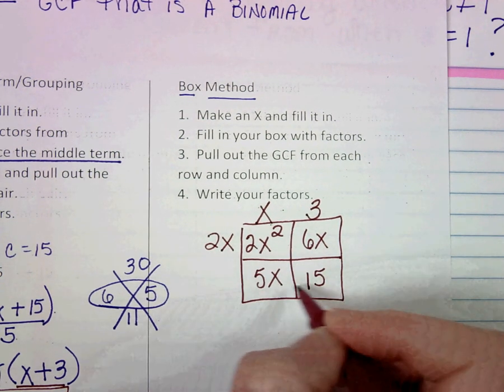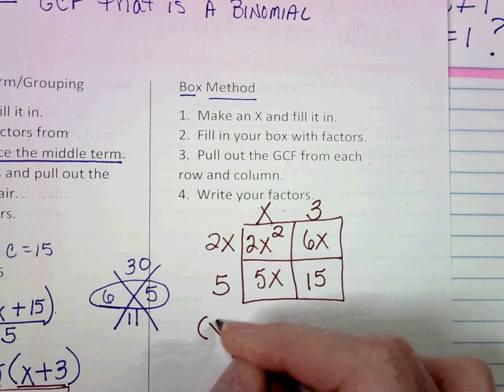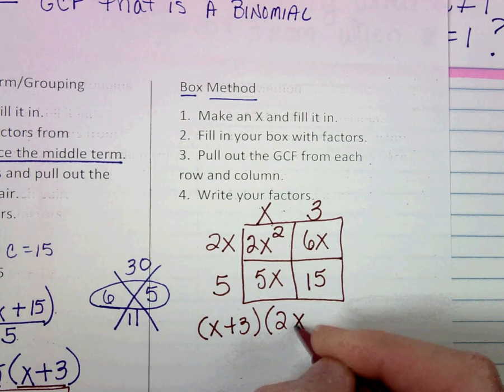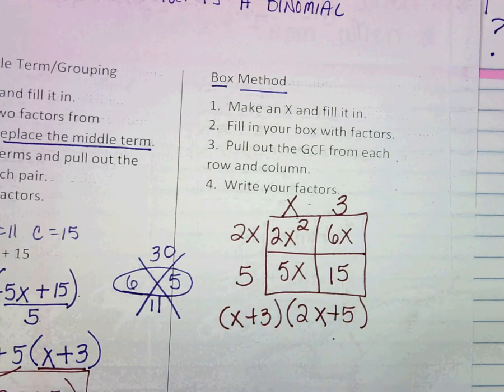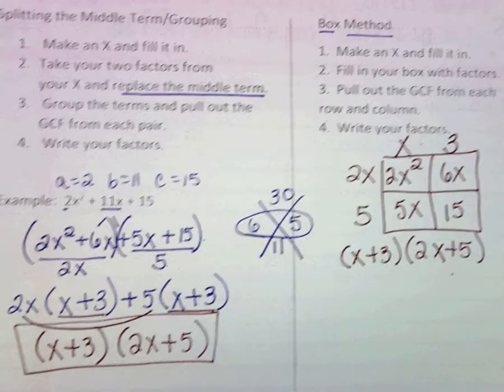And going across this way, my GCF is 5. So either way, you're still going to get the same result as you did using the other method. Remember to check yourself. You could FOIL that or multiply it back together to see if it gave you the trinomial.